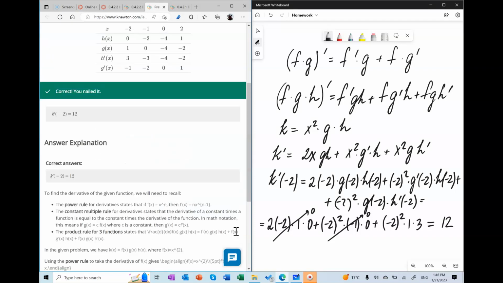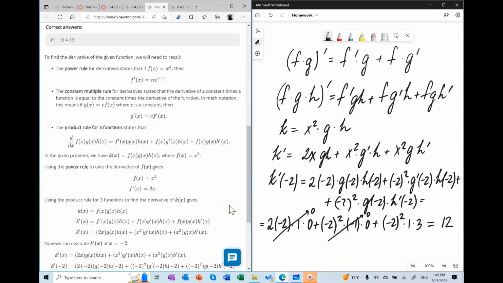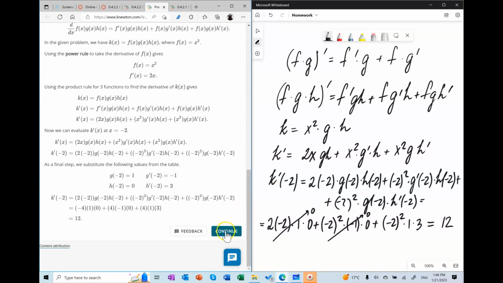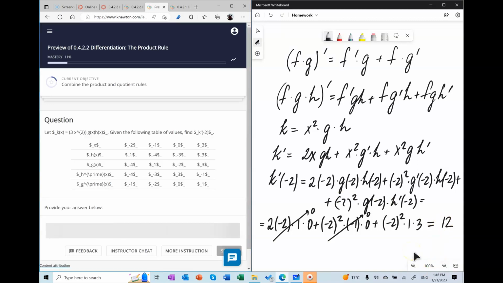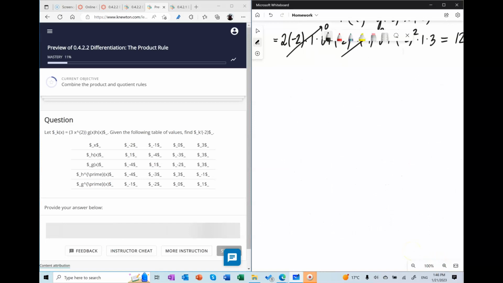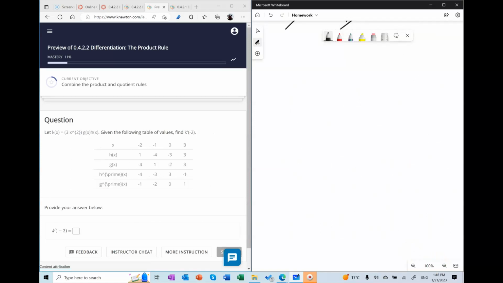The first problem was pretty hard, kind of raised the bar really high, so you really need to know the product rule when you go into this homework.